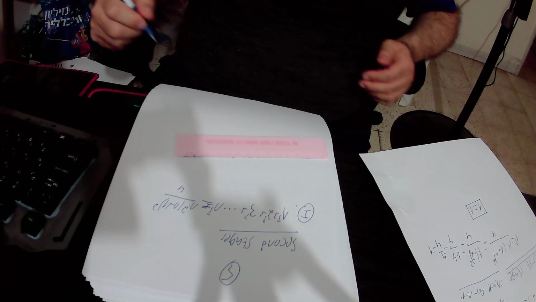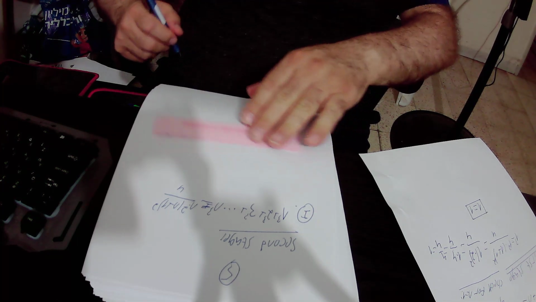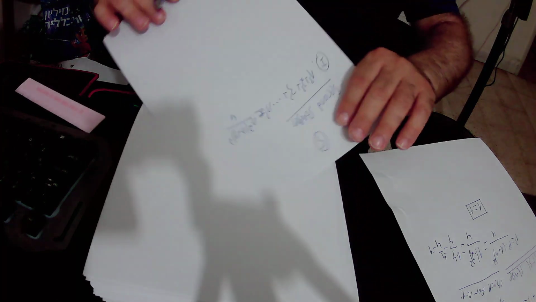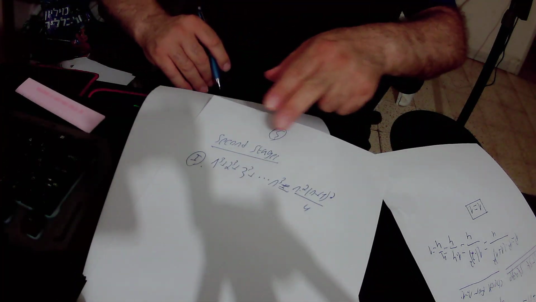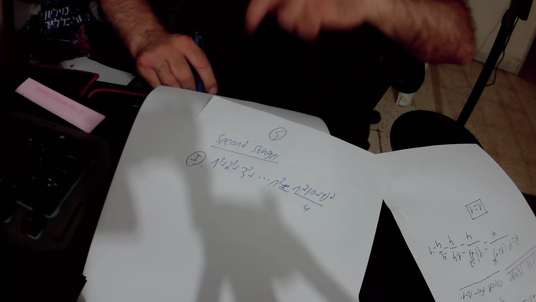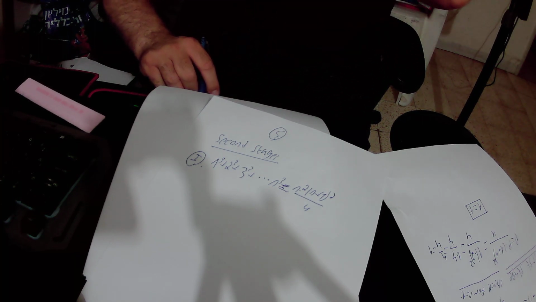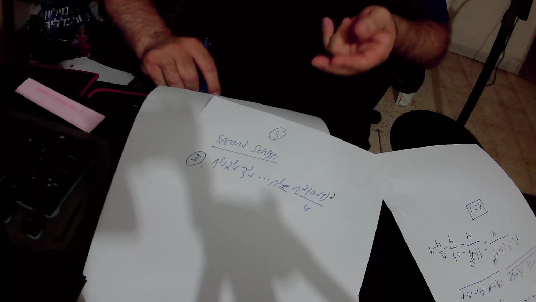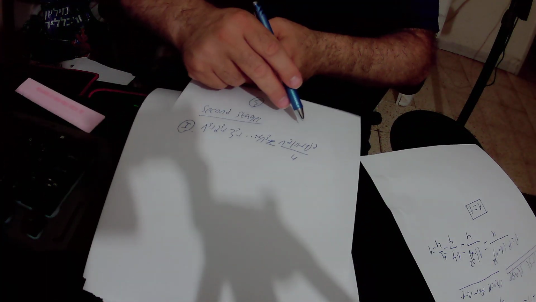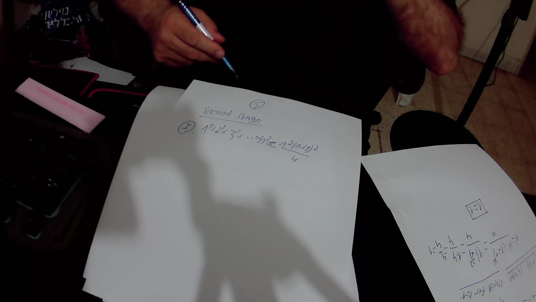So the expression for n of the statement is exactly as the original statement. That is to say, it is 1 to the power of 3 plus 2 to the power of 3 plus 3 to the power of 3 plus n to the power of 3 equals n squared times n plus 1 squared divided by 4.